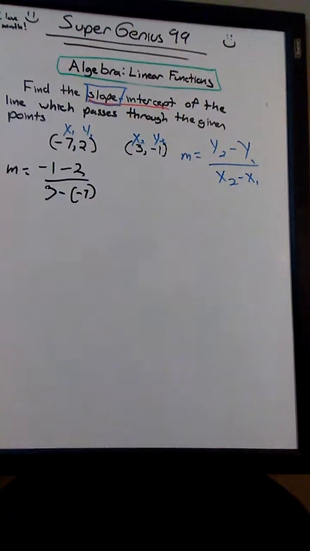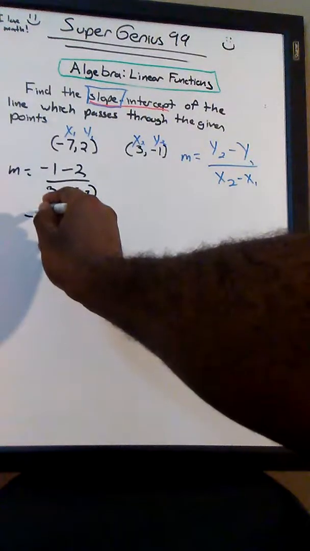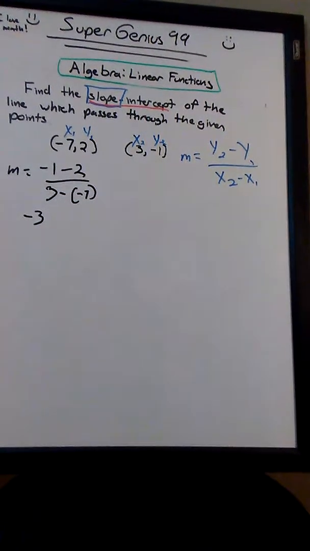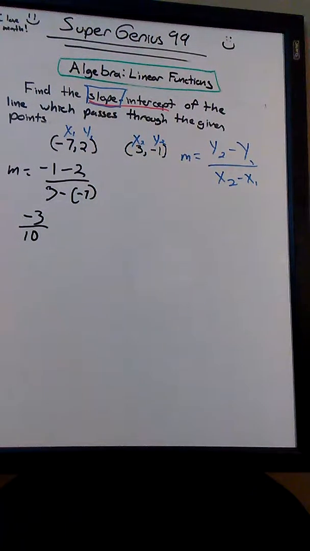Okay, you do your math. Negative 1 minus 2. Negative 3 plus 7. Okay, that's your slope.